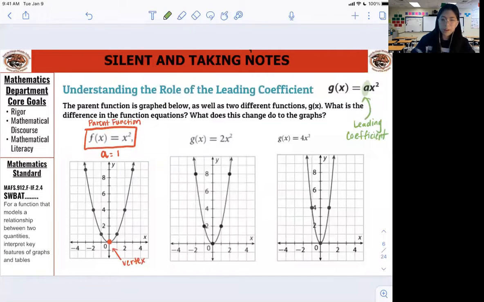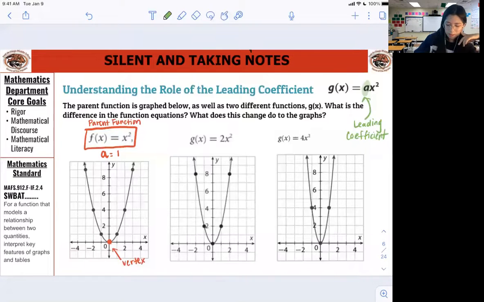Okay. Now, you don't have to copy these down. I just want you guys to take a look at the other 2 graphs. And let's compare them and talk about what is different and what maybe is the same when we compare them to the parent function. So starting with the second one, the one in the middle.